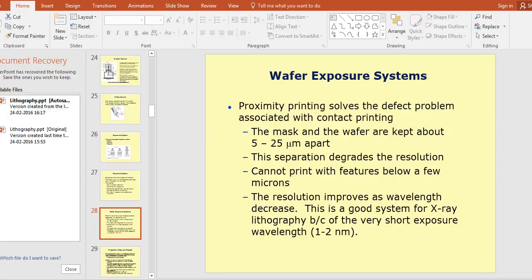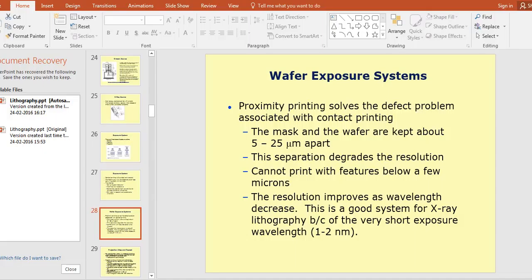So now this resolution can be controlled. One way is we can decrease the wavelength. We can choose the exposure system so that we can achieve a shorter wavelength. For example, the UV range is from 200 to 400, or even up to 500 nanometer wavelength, we can do this UV photolithography.